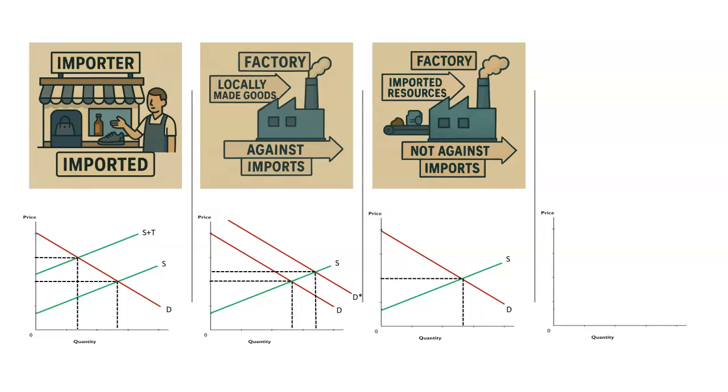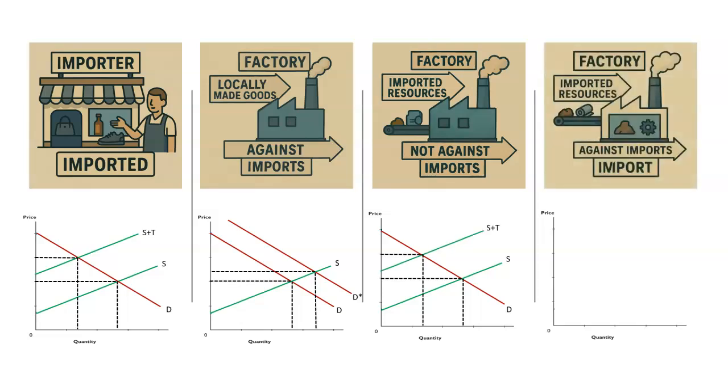Well, in that case, similar to the first case, there would be an increase in the costs of production for the firms in those markets. And we would then expect the supply curve to shift upwards and a new equilibrium price that's higher and a lower equilibrium quantity being produced.